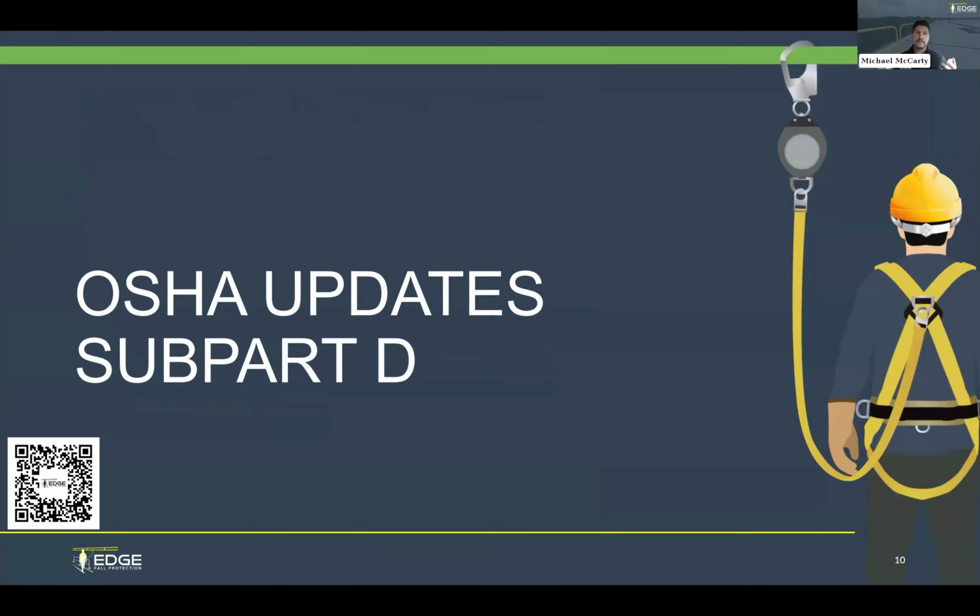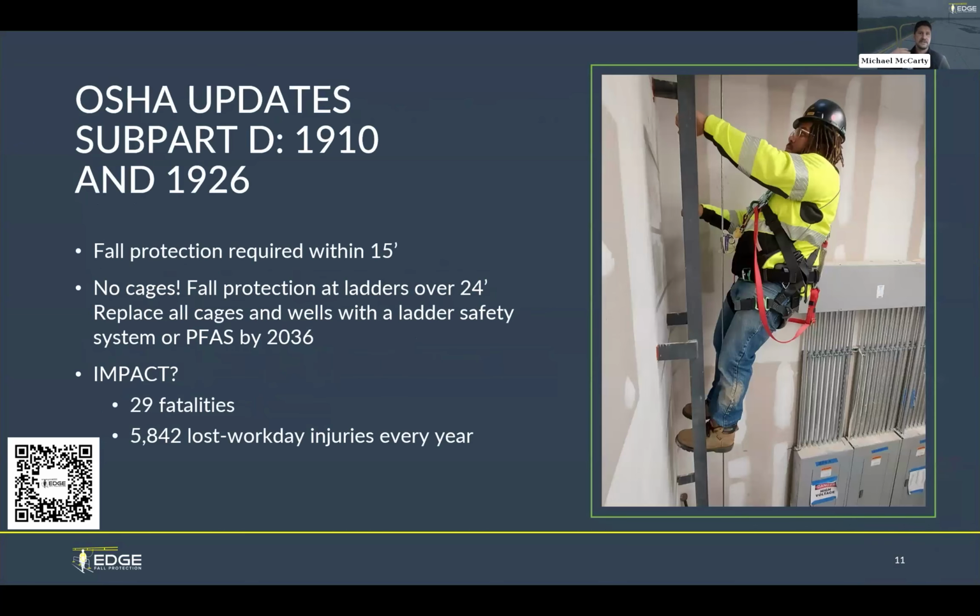Talking next about OSHA updates. This is OSHA updates subpart D. This was updated in 2018. These standards, the 1910 and 1926, I think, didn't get an update for about 50 years prior to 2018. So they were due for an update. What changed in it?